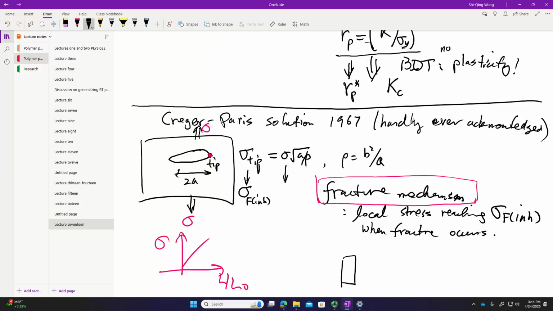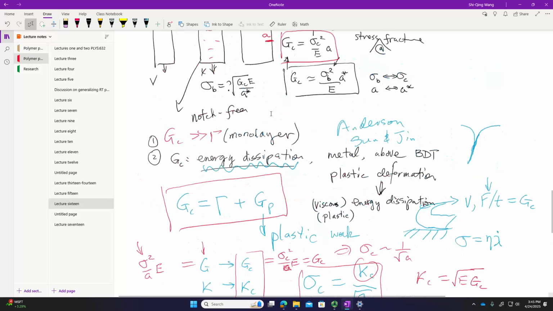So there is a question of so-called notations. Sigma B is reserved for notch-free materials. This is one that has a notch, doesn't matter on the edge, or anywhere. When fracture occurs, we call that point what? The sigma C we have been talking about for so long.